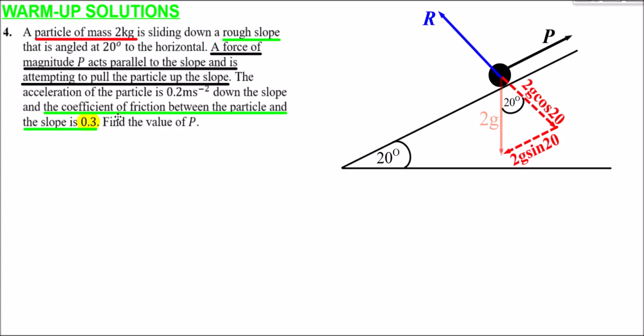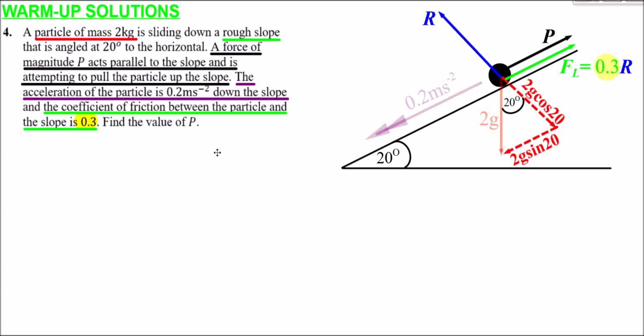Mu is the coefficient of friction, which is 0.3, and R is this R here. So I'm going to label on FL in green, and going one step further, using the FL is mu R, I'm going to call that equals 0.3R, because our mu, our coefficient, is 0.3. The final thing is to note the acceleration. So this particle, it says, is accelerating 0.2 meters per second squared down the slope, which is going in this direction. So we can now get set on actually tackling this.